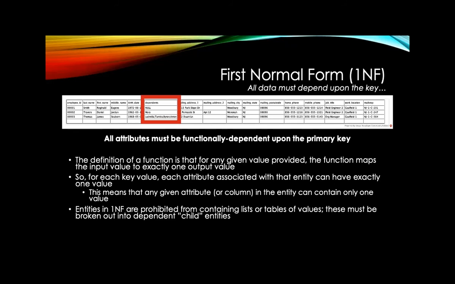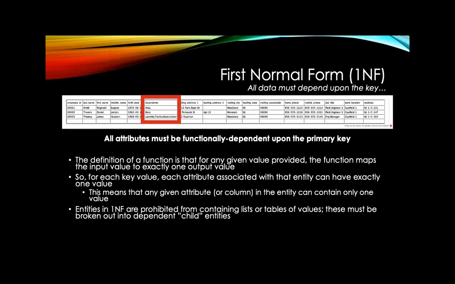But how can this go wrong really quickly? So what I want to find is all employees who have 2 or more children.